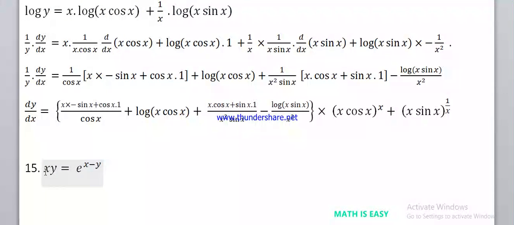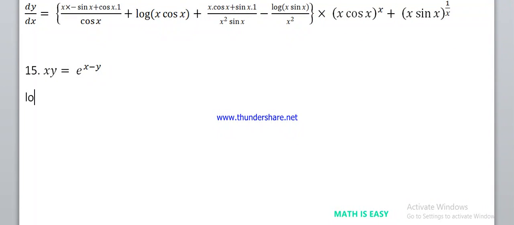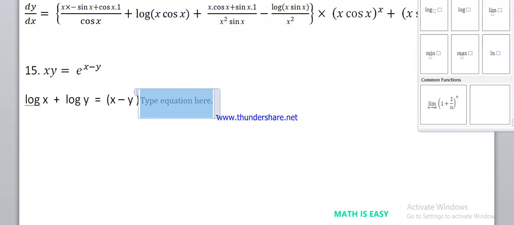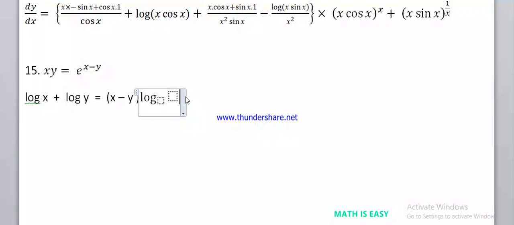If I apply log on both sides, what you get here is log x plus log y equals x minus y into log e to the base e.